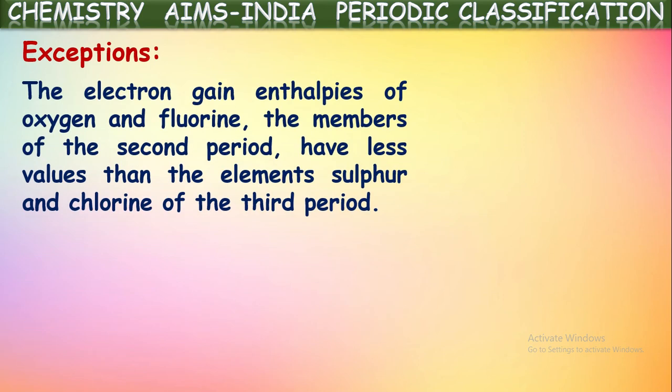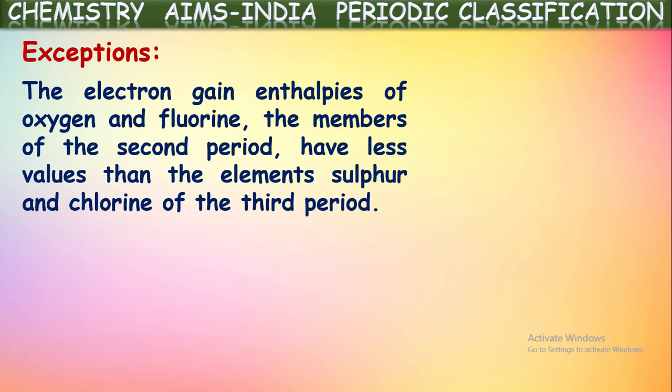The electron gain enthalpies of oxygen and fluorine of the second period have less values than the elements sulfur and chlorine of the third period. Actually, what happens in a group from top to bottom, electron affinity values should decrease because the size increases from top to bottom. But here, fluorine is having less electron affinity than the next element chlorine.